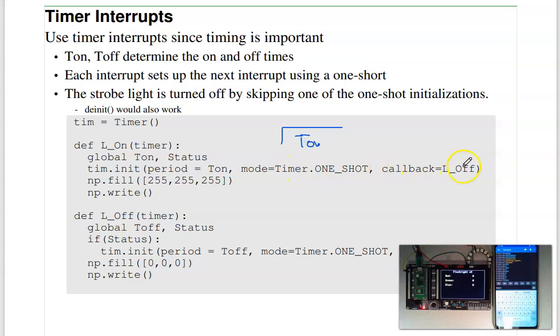The callback routine is light off, and I turn the lights fully on. T on seconds later, this routine kicks in. That turns off the lights, sets up a one-shot interrupt in the future, T off seconds in the future, and repeats.